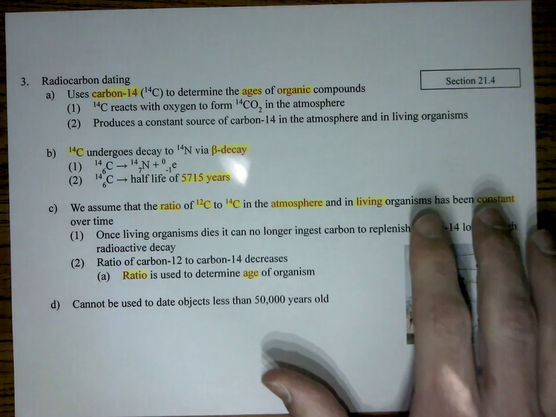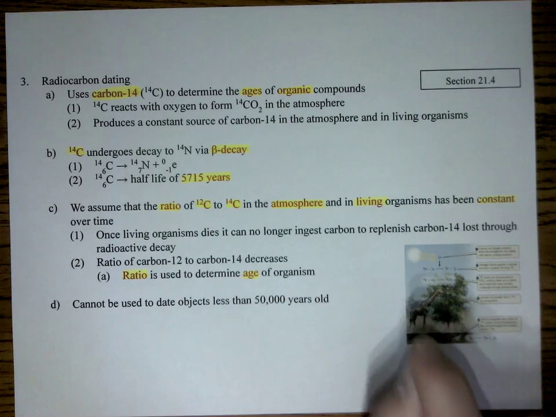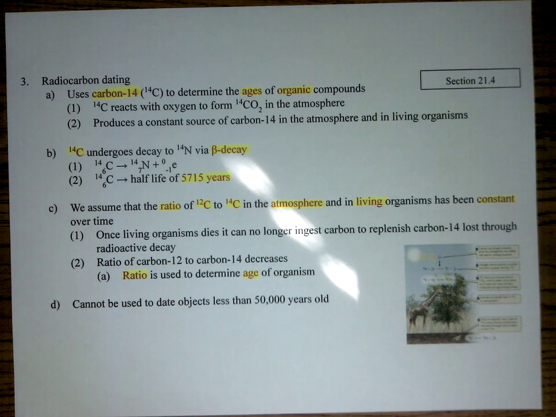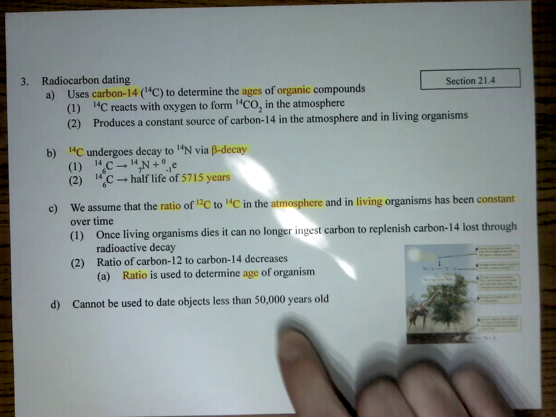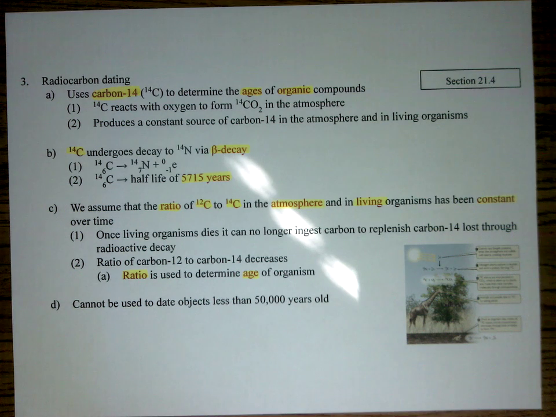Now again, carbon-14 is really good at determining the age of living organisms. However, there is a limit. We can't determine an age greater than 50,000 years using radiocarbon dating, because there's too little carbon-14 left in that organism to accurately compare.